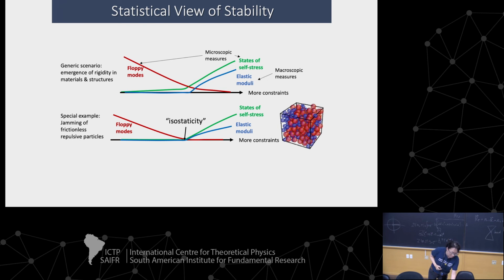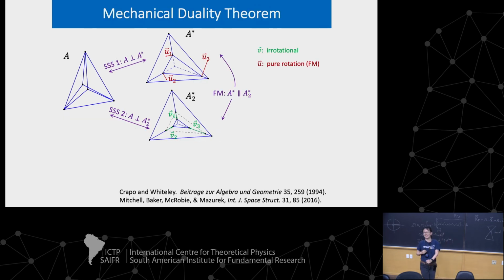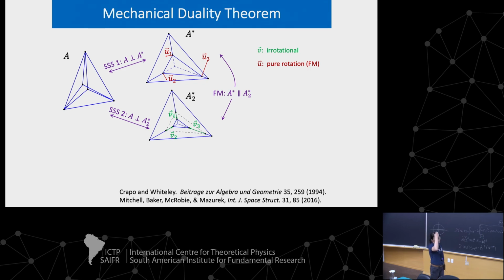Okay, so now coming back to this duality theorem, right? So how do we prove there is a one-to-one correspondence? I think I'm almost running out of time. We should be able to just do this one. So what happens is that you first take one network with two states of self-stress. This is a proof, right?